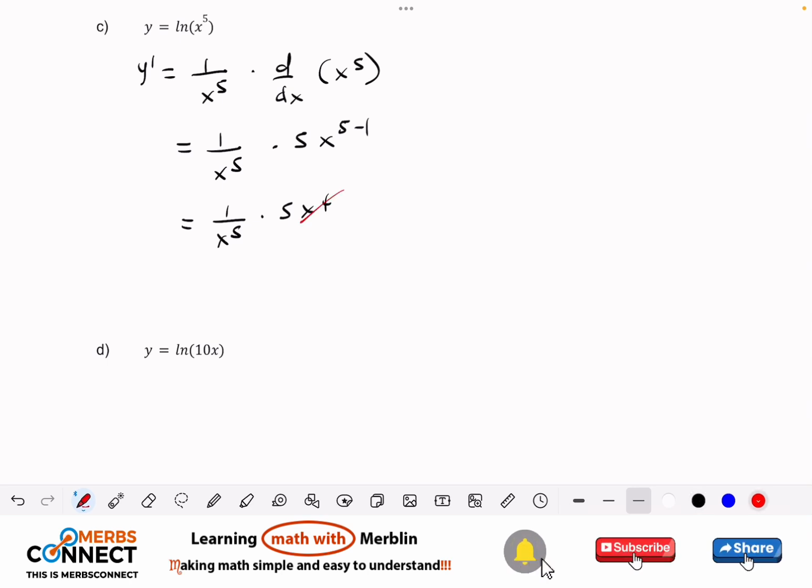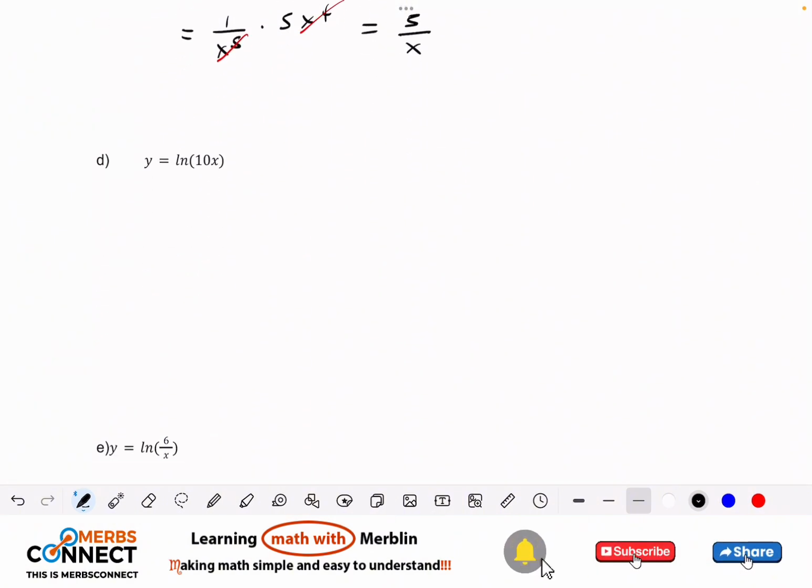Now the x to the power 4 will cancel with the x to the power 5, and we are going to have 5 divided by x. Because we have 4 of them and 5 of them, it will just cancel out.